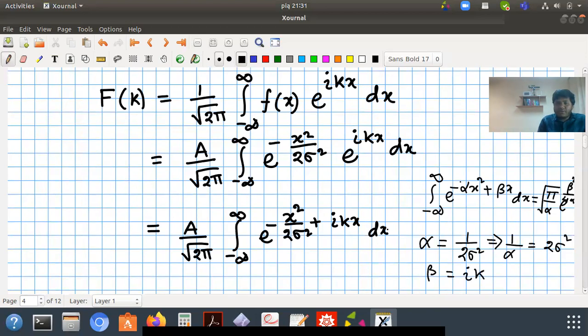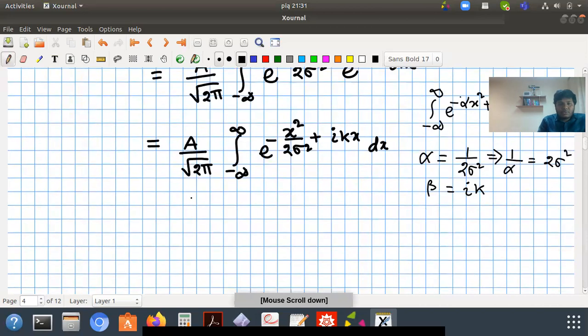Just compare this with this. So what we got is a over square root of 2 pi, and the square root of pi over alpha will be square root of pi times 2 sigma square.